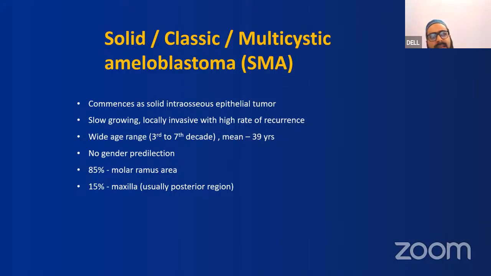Very few cases are seen in the 1st and 2nd decade, with a mean of 39 years, and there's no gender predilection. Most of the cases occur in the mandibular molar area, the 3rd molar or the ramus area, and maxillary lesions are also seen, usually in the posterior region.